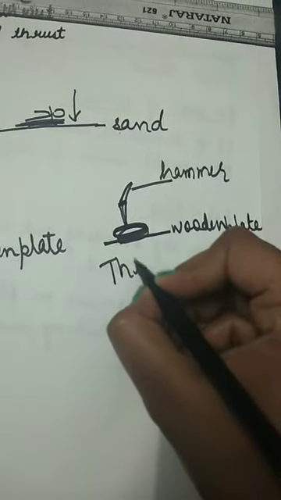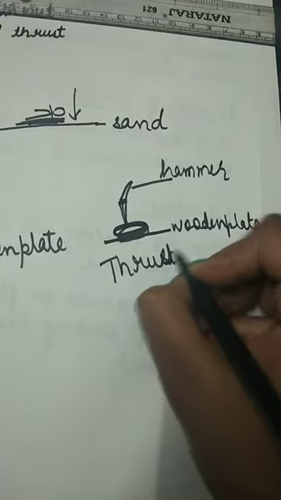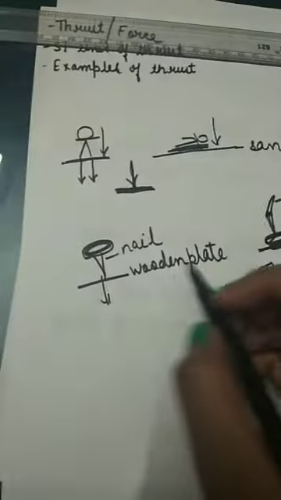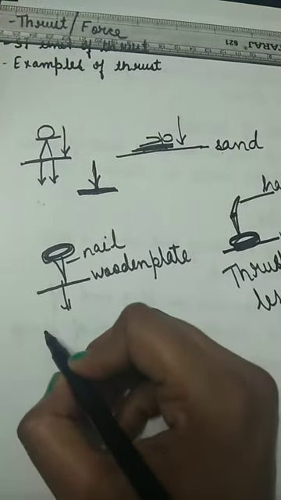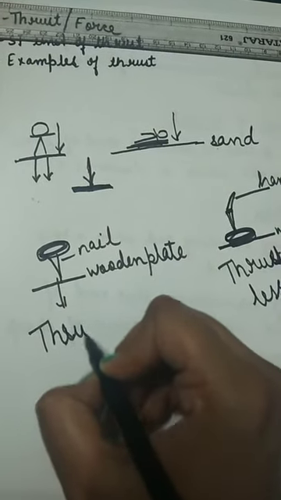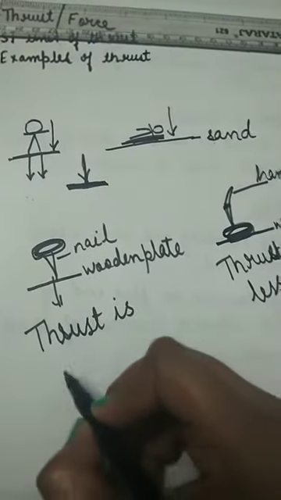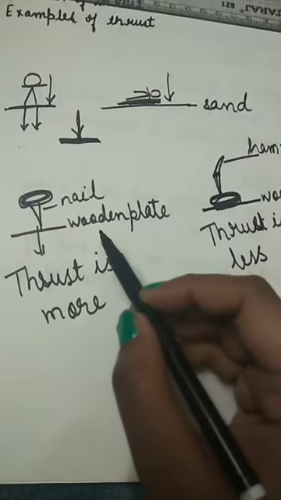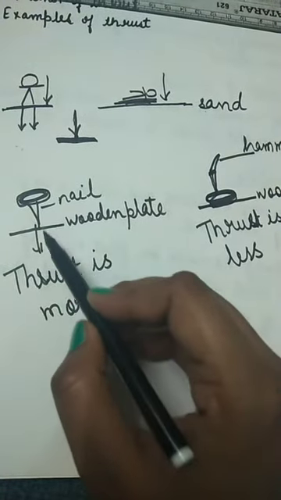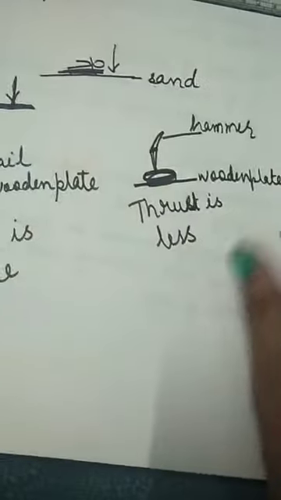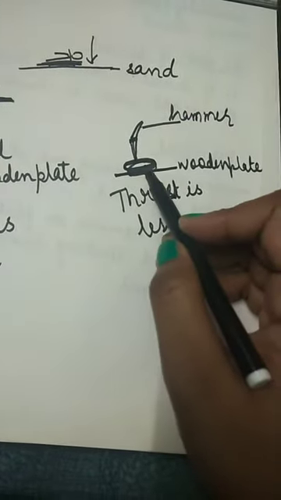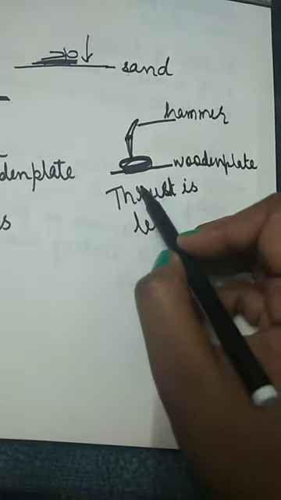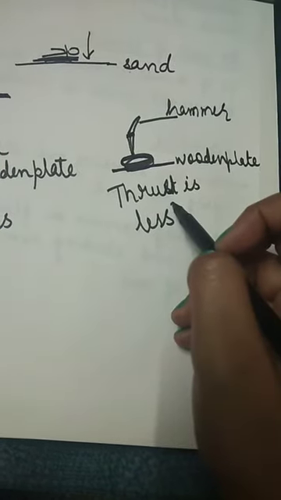Thrust is less. And here you can see thrust is more. So the reason is this nail goes deep down into the wooden plate, and when you strike your hammer on the sharp end, this nail will not go inside the wooden plate.